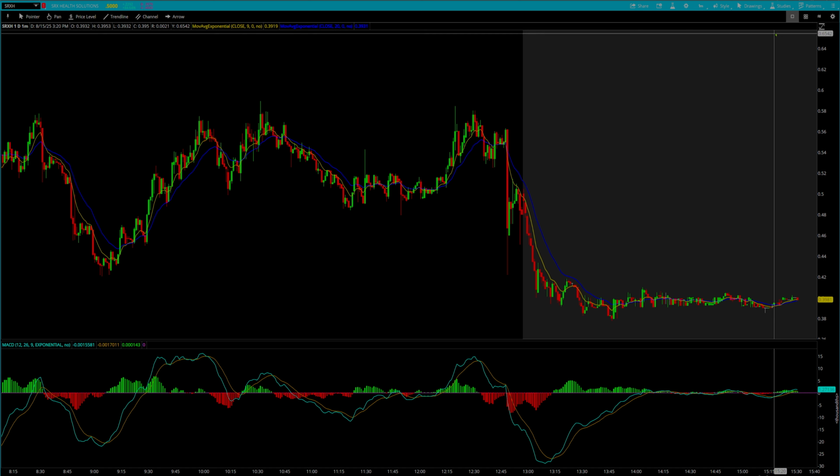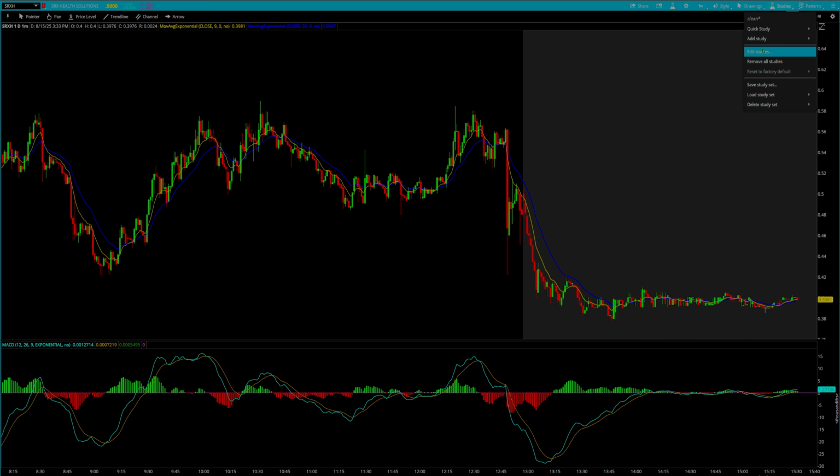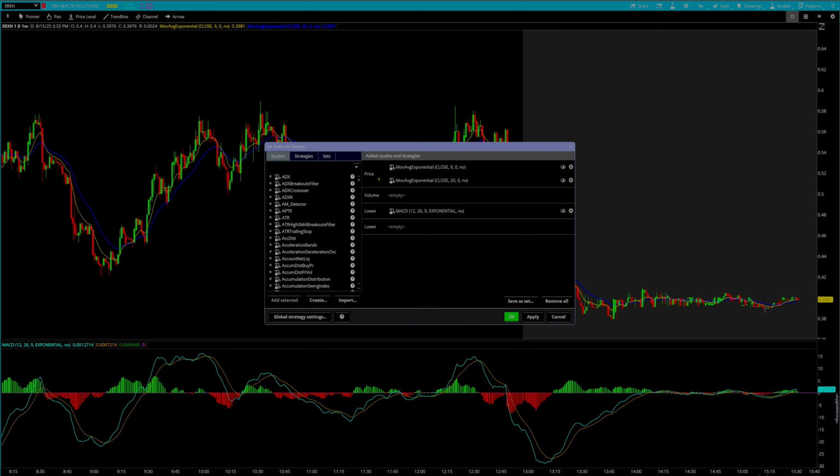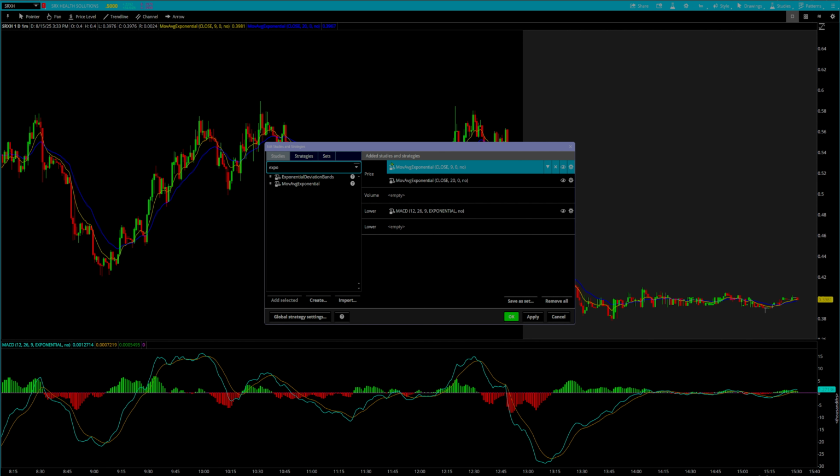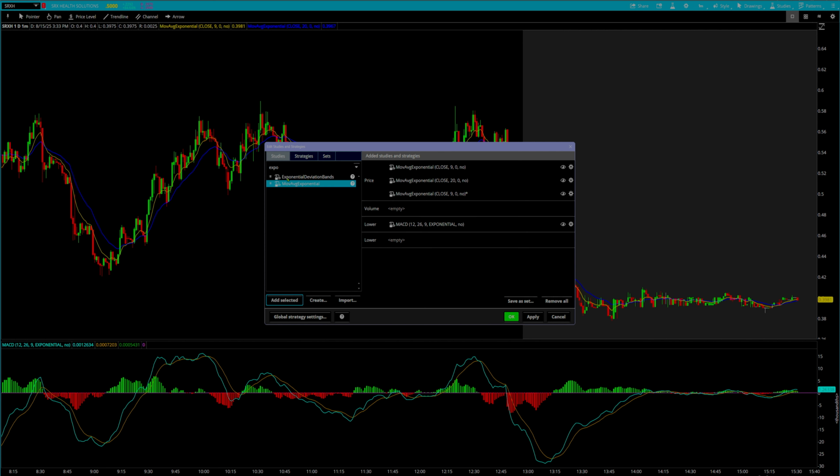Now, how many lines and how many indicators you want on your chart is a personal preference, and it really has to be up to you and what you feel you can handle.